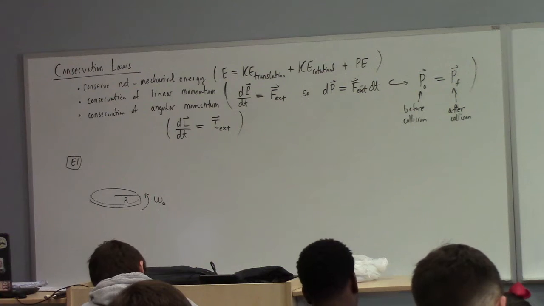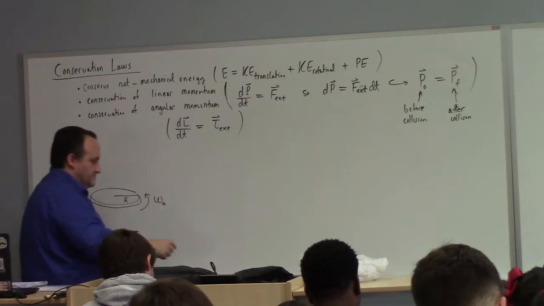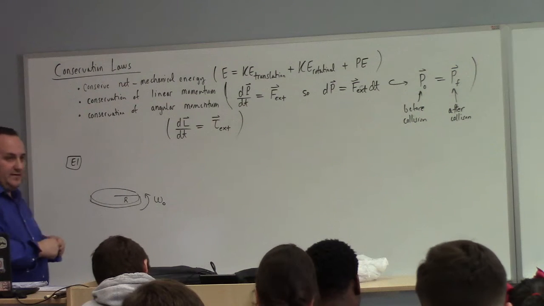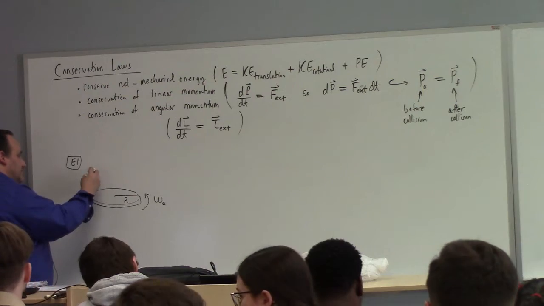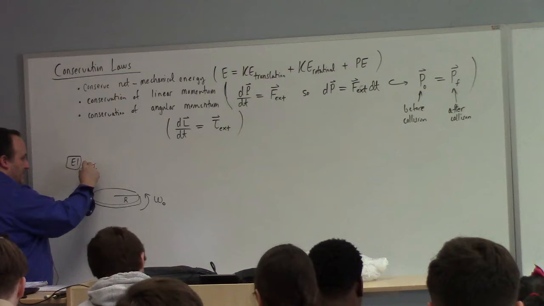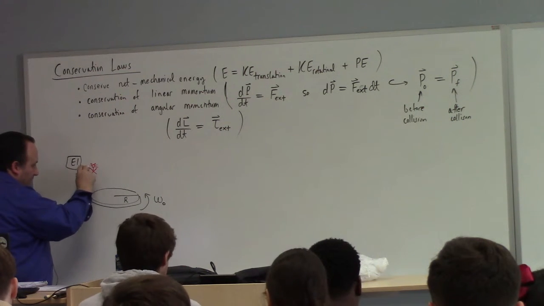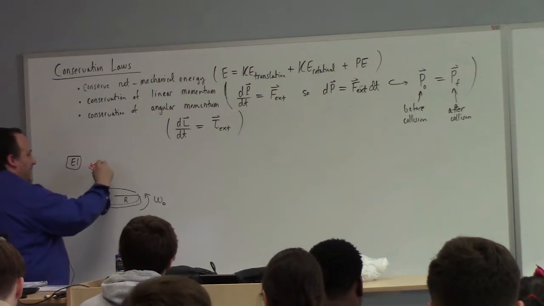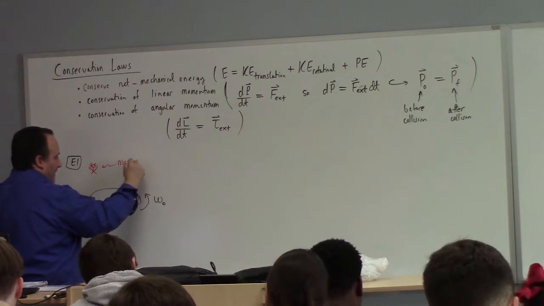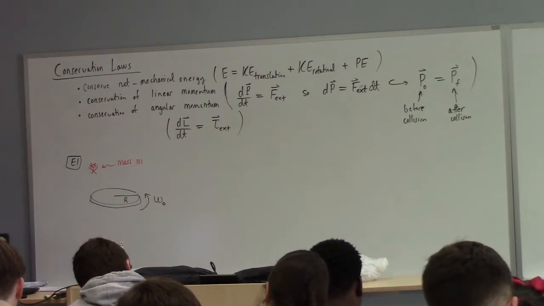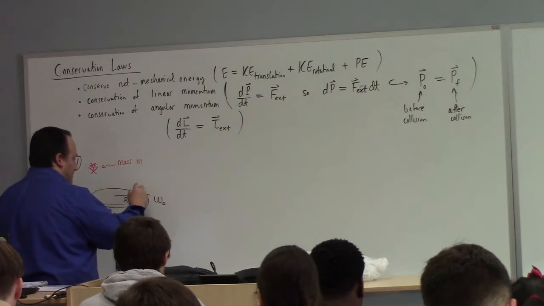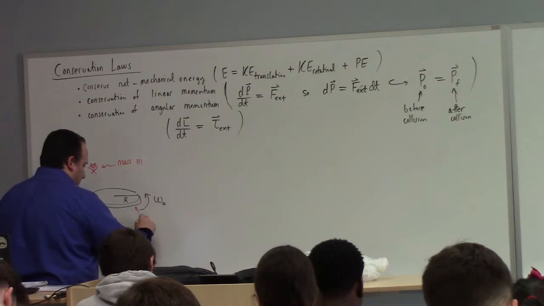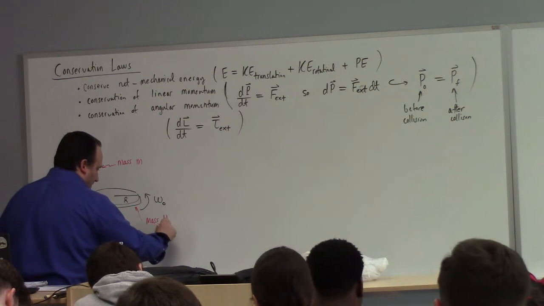And then you have a cat, and the cat has mass m. And let's suppose that the turntable is a uniform disk, and let's let its mass be big M.